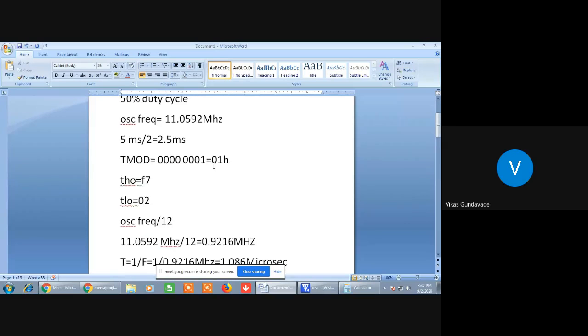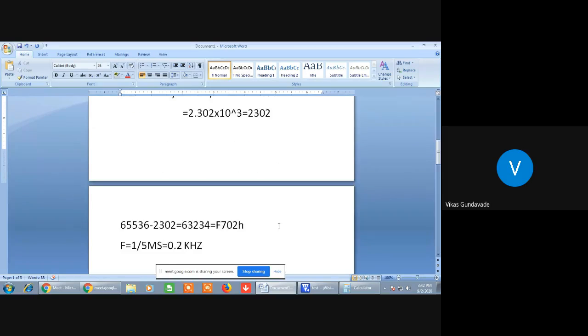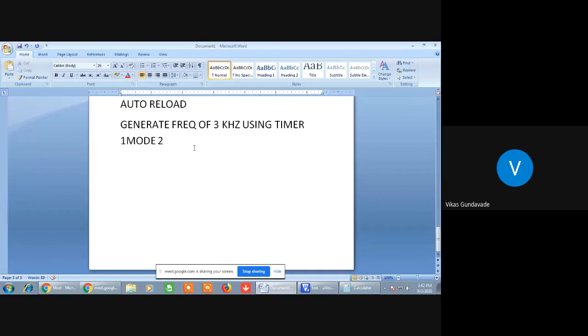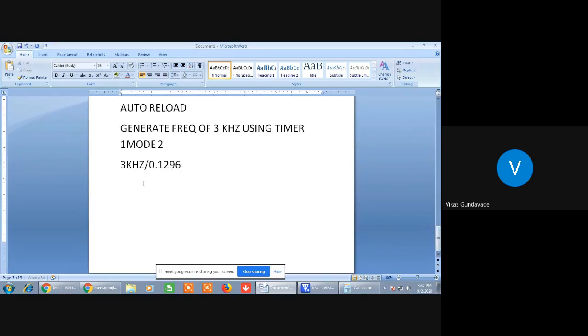So here we will directly take the frequency 0.9216 megahertz. The actual frequency is 3 kilohertz, so 3 kilohertz divided by 0.9216 megahertz.